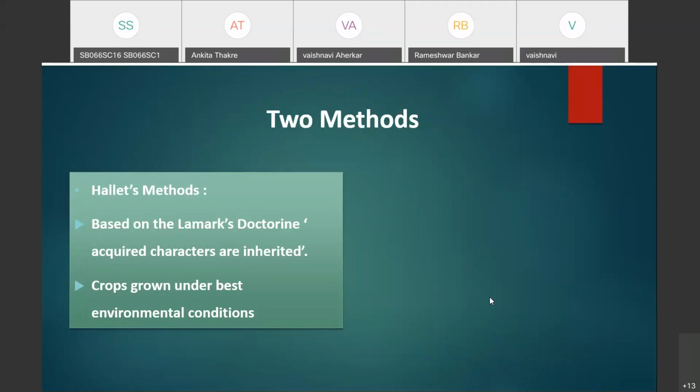best environmental conditions are provided to that plant, and from these group of plants the mass selection it is carried out.